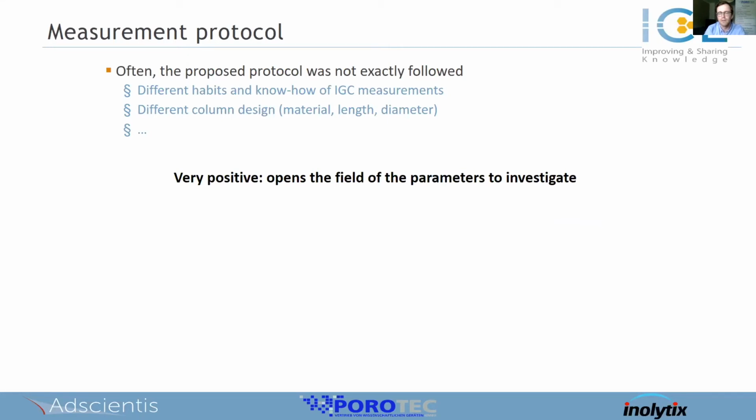This leads, for example, to a different column design in material, length or diameter, but also different flow rates have been used. But this is not negative. We see this as a possible point to open the field of parameters to investigate. So we get more input by these deviations from the protocol.